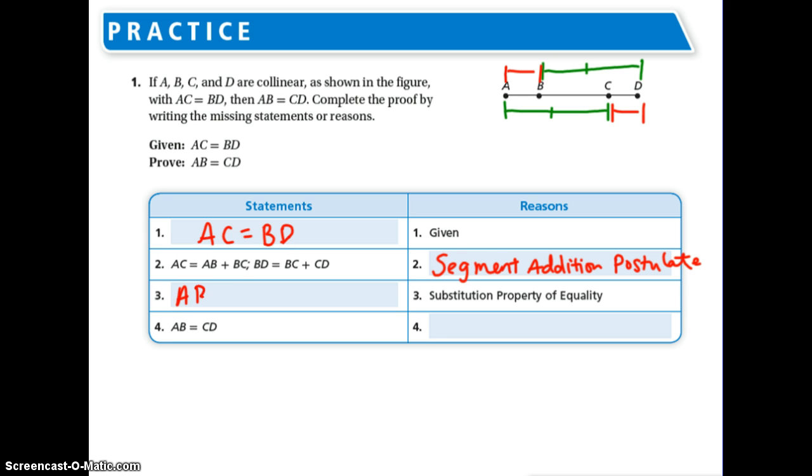So we're going to write that AB plus BC actually equals BC plus CD. Because AC and BD are the same, I can set these equal to each other. Alright, now you subtract BC from both sides and you're left with AB equals CD. So this is the subtraction property. And that's the end of the proof.